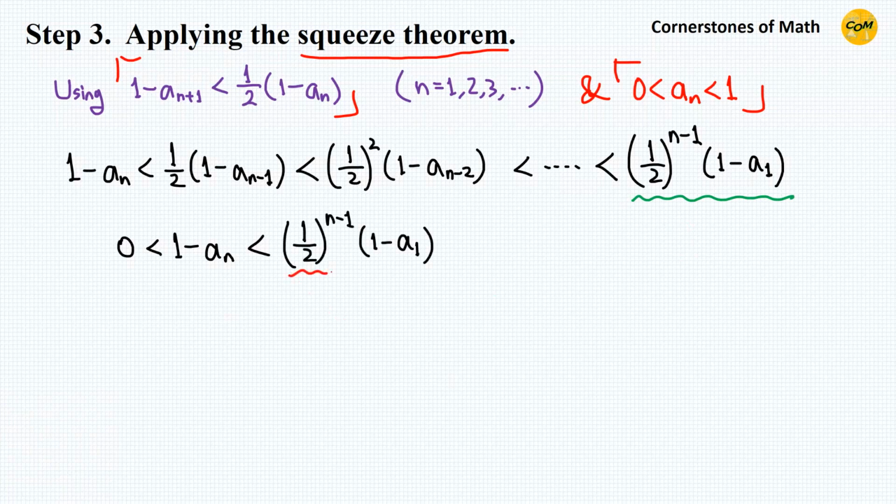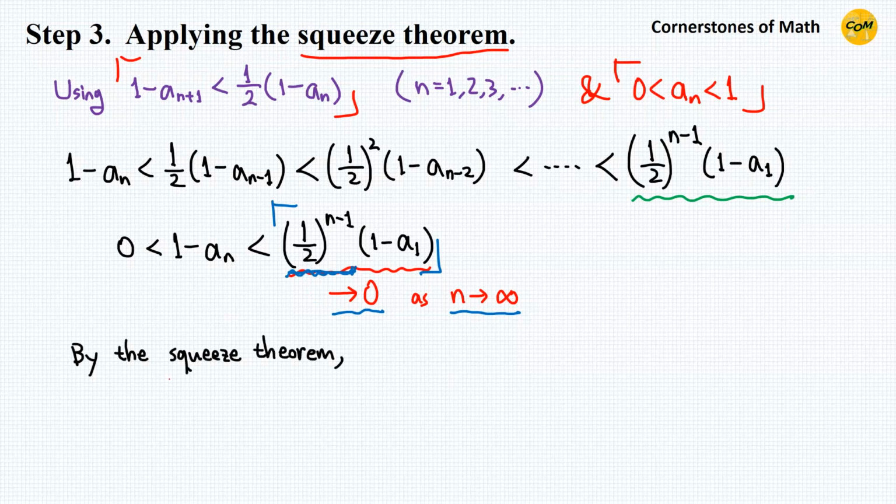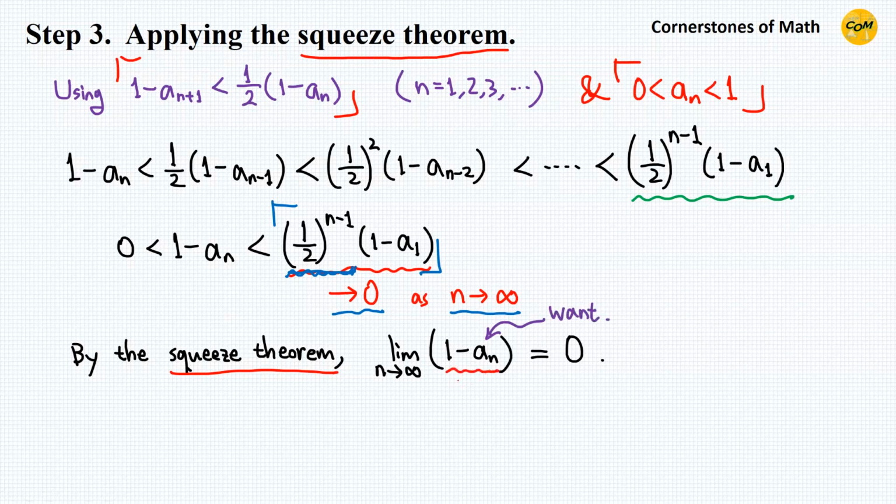Now notice that as n goes to infinity, this part right here approaches 0 because of this geometric progression with the common ratio of 1/2. Therefore, by the squeeze theorem, the limit of 1 minus a_n as n approaches infinity is 0. Here we want to find the limit value of a_n. And the mathematically strict way to do that is by letting this 1 minus a_n be b_n.